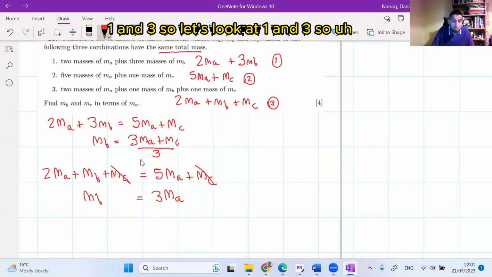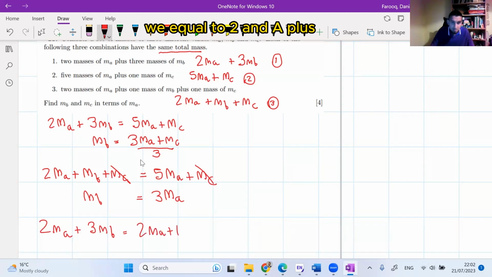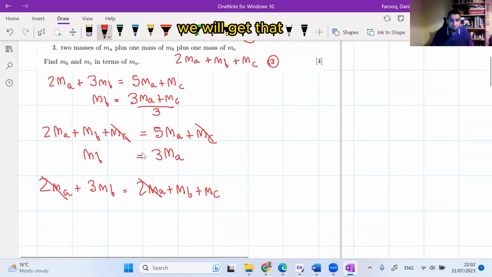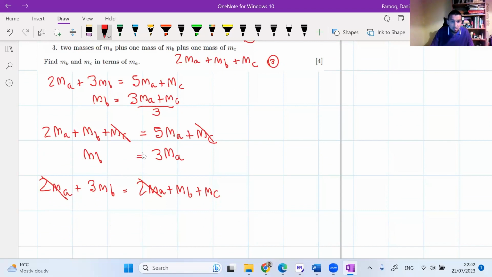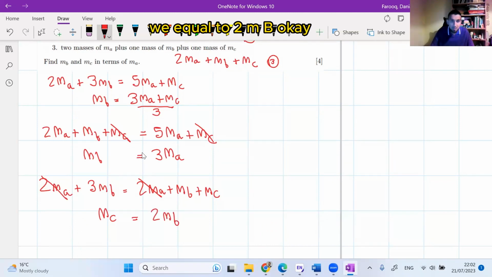So that would give us 2Ma plus 3Mb will equal to 2Ma plus Mb plus Mc. Those 2Mas will cancel out, and we will get that Mc will equal, to move the Mb to the other side, 2Mb.